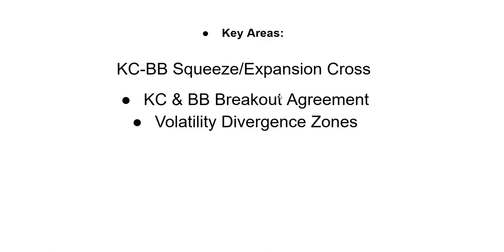And the third thing we are seeing is the volatility divergence zones. Some zones will be there where you cannot trade also. There, you will get a scalping opportunity from upper to lower Bollinger Band for your trade.